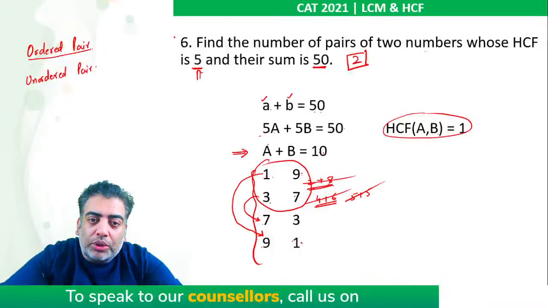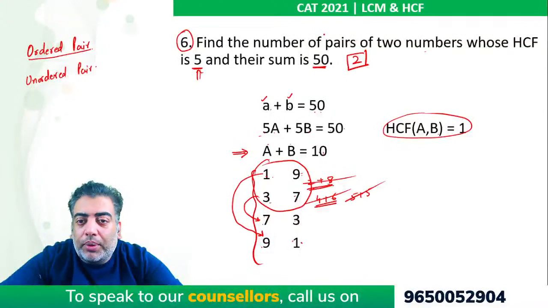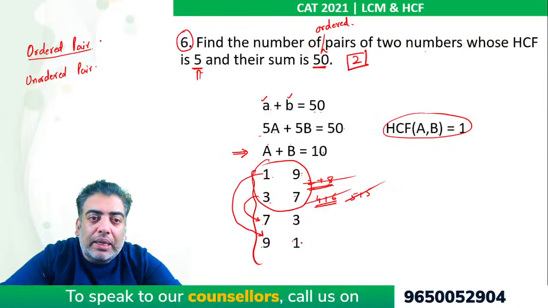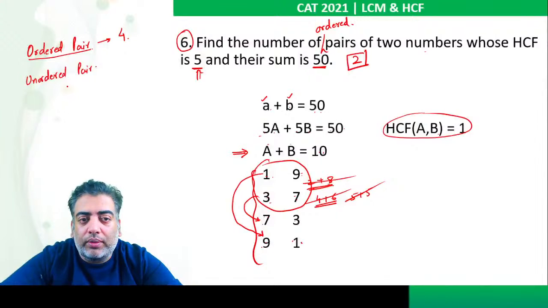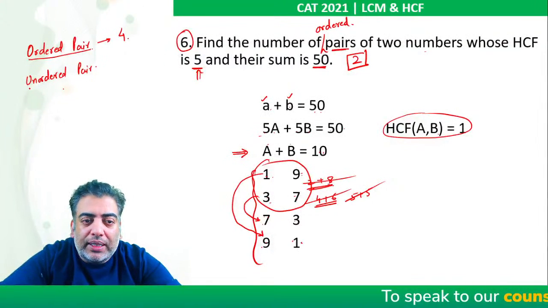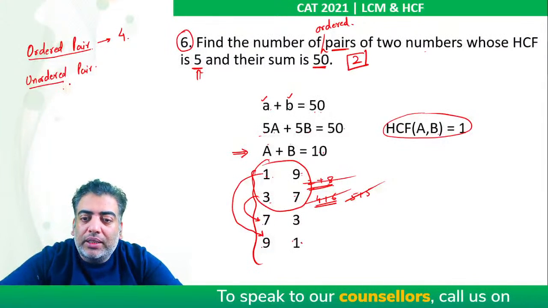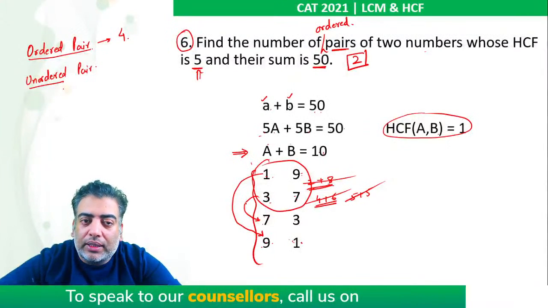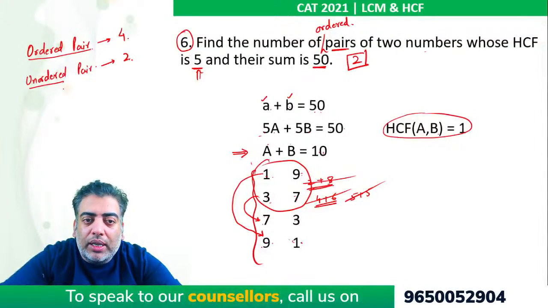So if this question says find the number of ordered pairs, then please keep in mind your answer will be 4. But if it says only pairs or if it specifies unordered pair, which means 1 9 and 9 1 are the same, the answer will be 2.